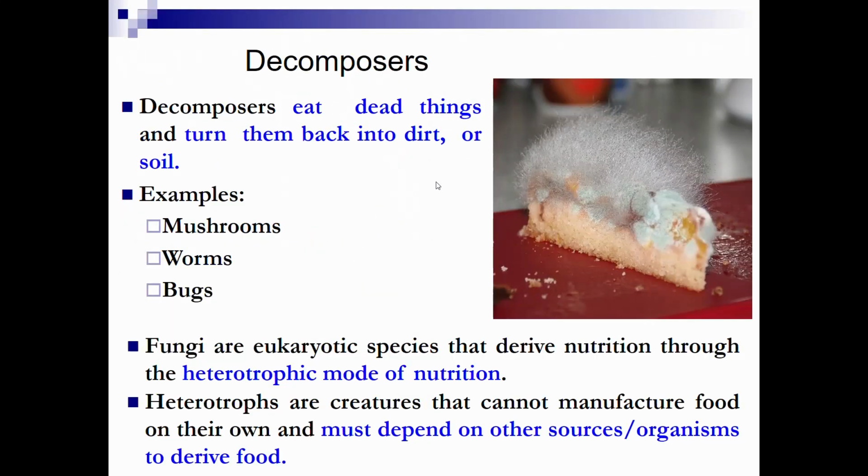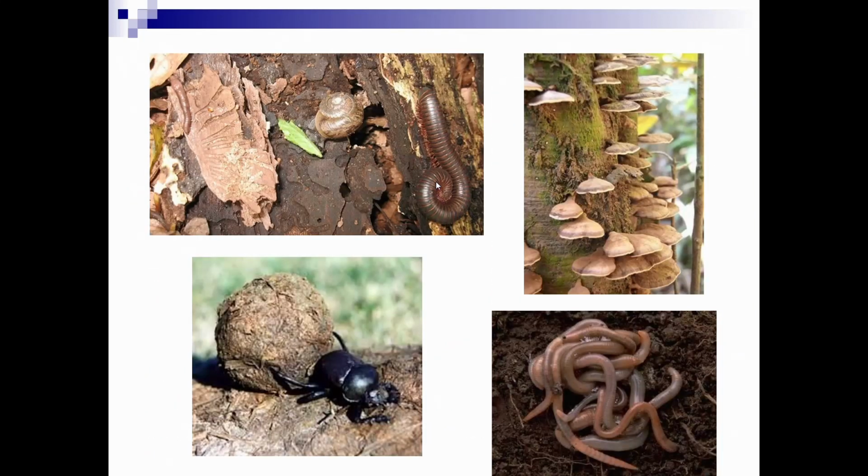Examples of decomposers are mushrooms, worms and bugs, which live on dead things and turn them into a decomposed form of substance, and that becomes nutrition for the soil. So their presence is also much needed for the ecosystem. These are some of the examples of decomposers.